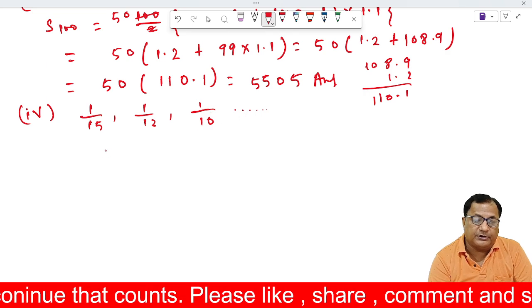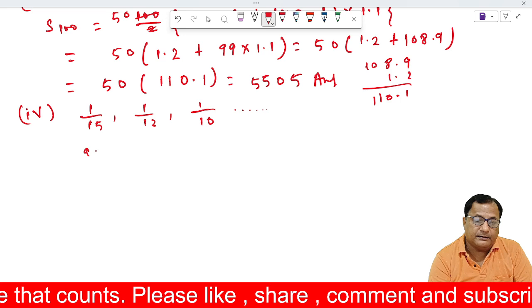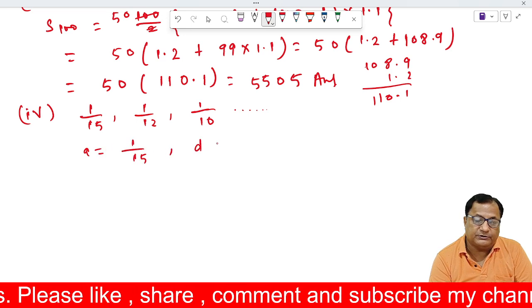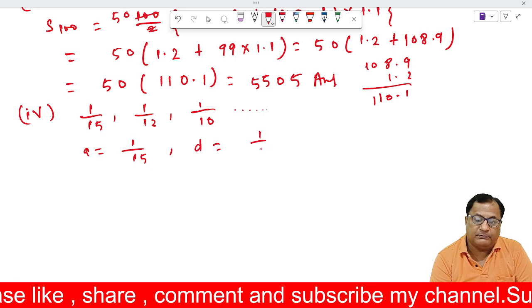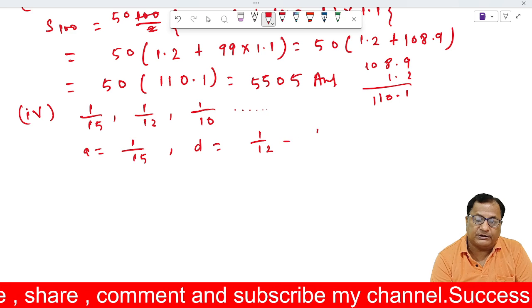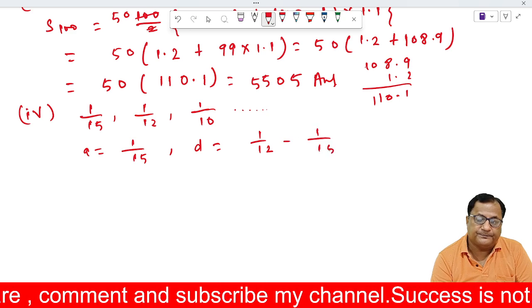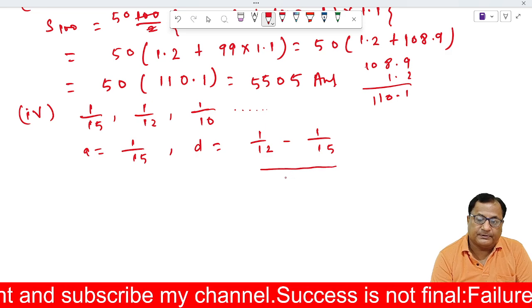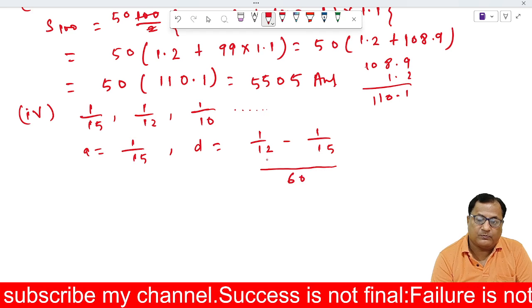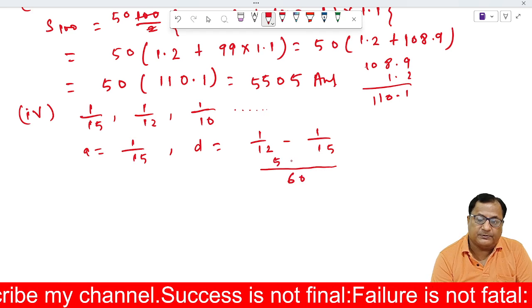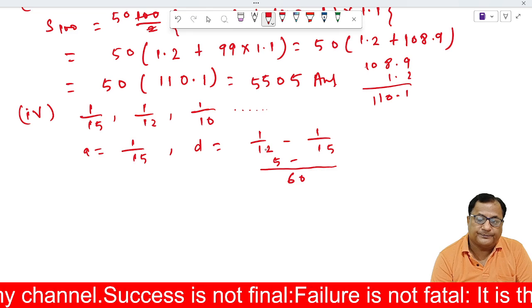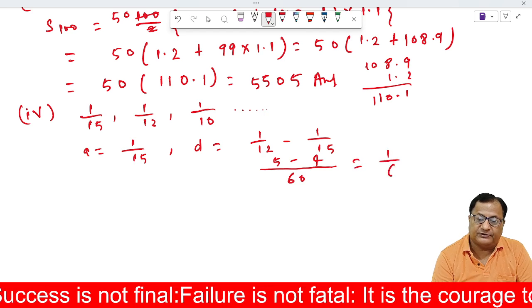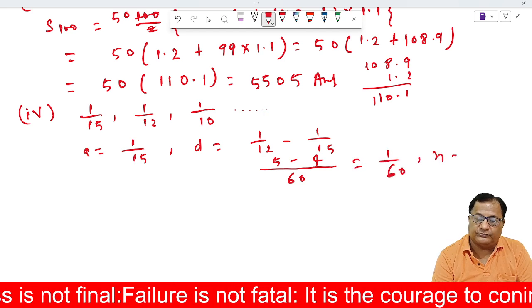So here a is equal to 1 by 15, d is equal to 1 by 12 minus 1 by 15. If we take the LCM, it will be 5 minus 4, that is 1 by 60. n is equal to 11.